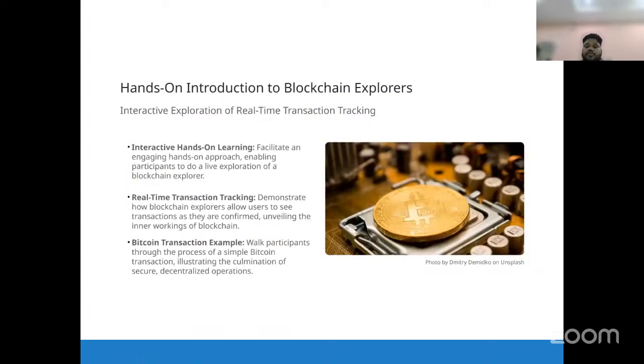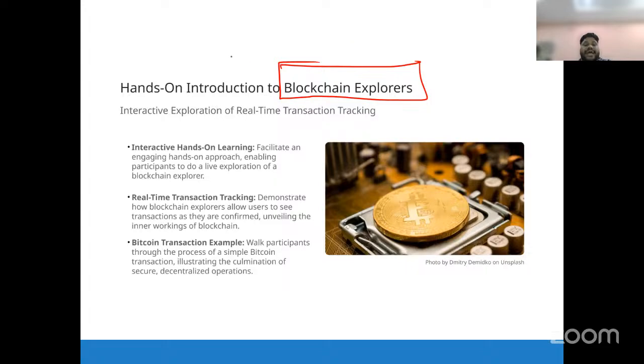Keep it up. So now let me explain how a blockchain explorer actually looks. Let's have a look. Here I will show you how a blockchain explorer would look like.